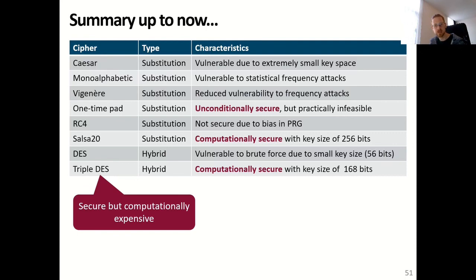However, as triple DES has to run the encryption algorithm 3 times in a row, it is computationally very expensive. As a solution for this problem, they came up with a new block cipher to replace DES, called the Advanced Encryption Standard. This Advanced Encryption Standard, or AES, will be the topic of the next video.